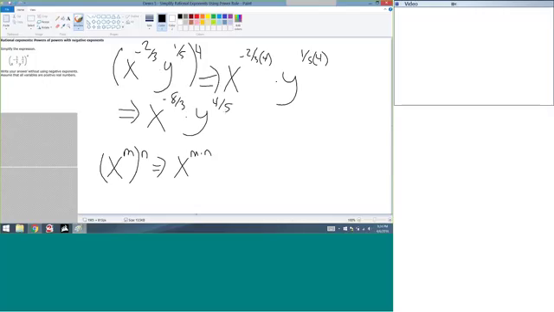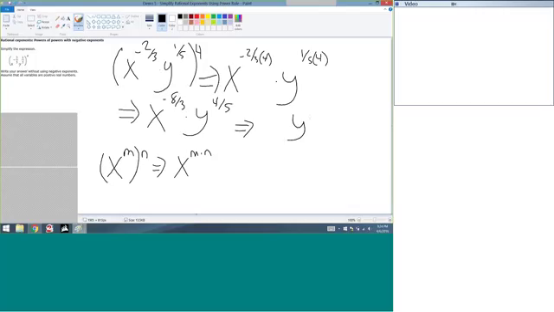Now, the instructions do say to write the answer without using negative exponents. So since our x is still to the negative exponent, we do have to finish by flipping that one to the denominator. So that kind of uses the rule that we've been using in the previous problems as well.